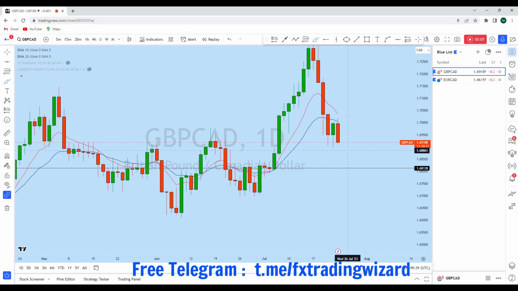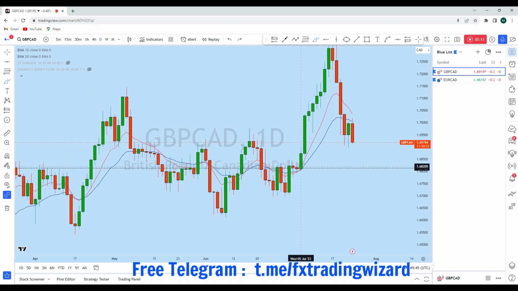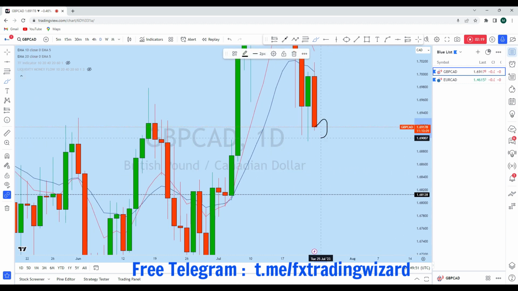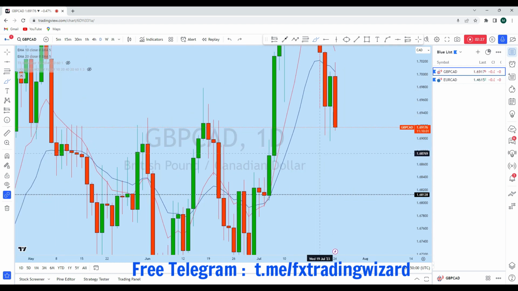With that rejection, we can expect this market to continue to drop, as we see two back-to-back daily dojis, and this is a high liquidity zone. It is highly likely that this market will finally come back to this level, or even break this low to gather liquidity. So monthly, weekly, and daily are showing potential downside on GBPCAD.